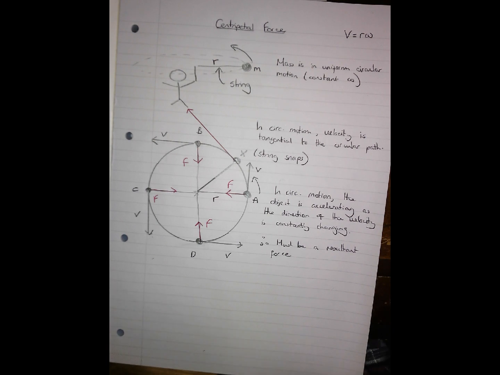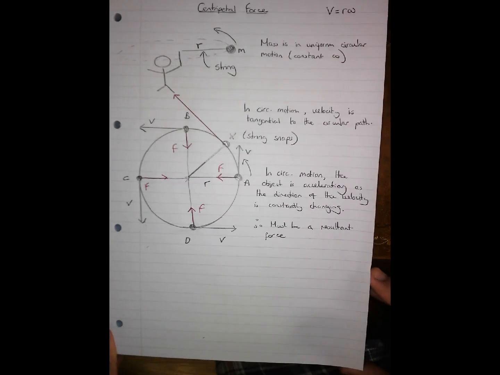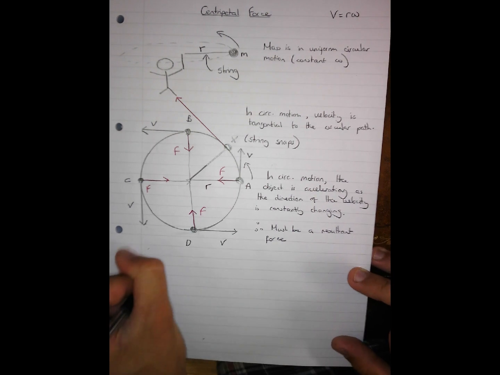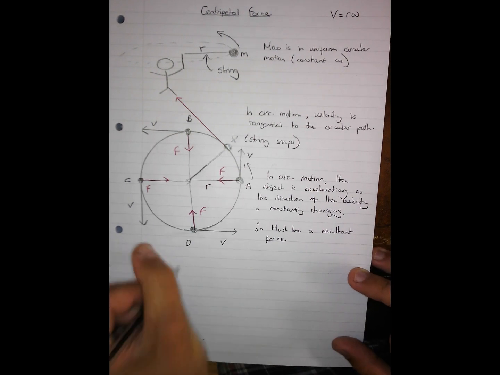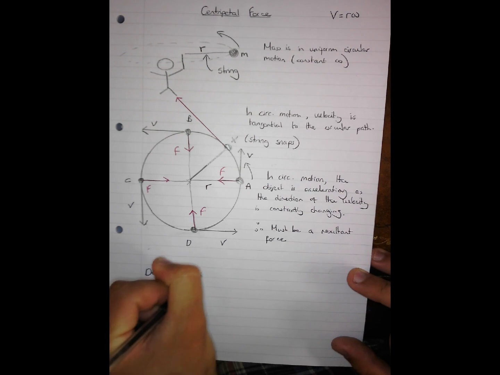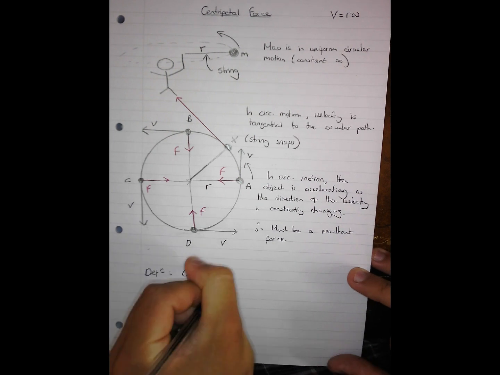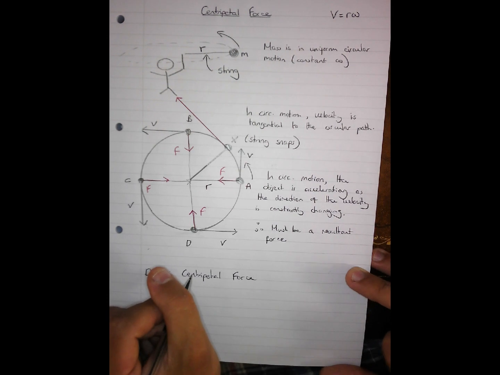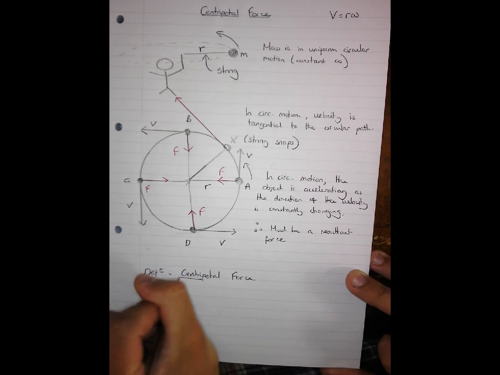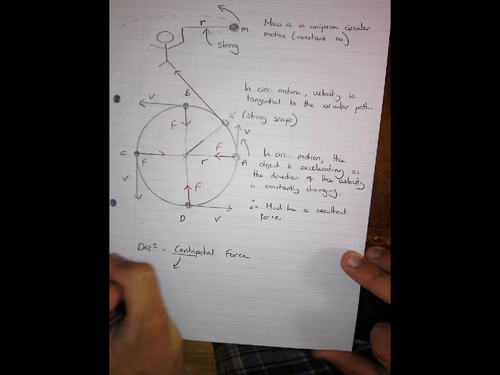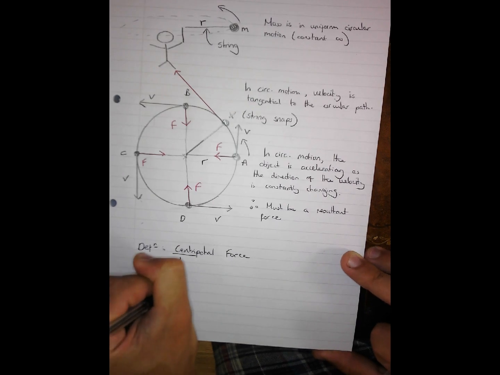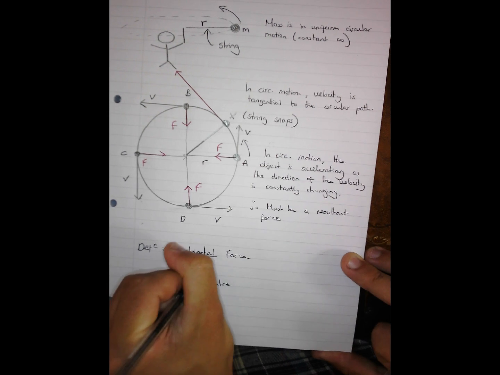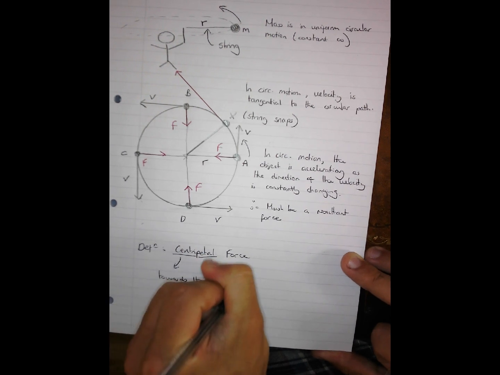And this leads us on to our first really important definition, probably our last as well. And that's our definition of centripetal force. Now, in this case, the definition can be found from the word. The centri part means towards the centre, and the petal part means seeking.